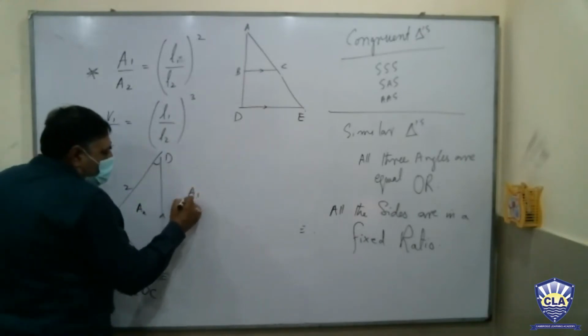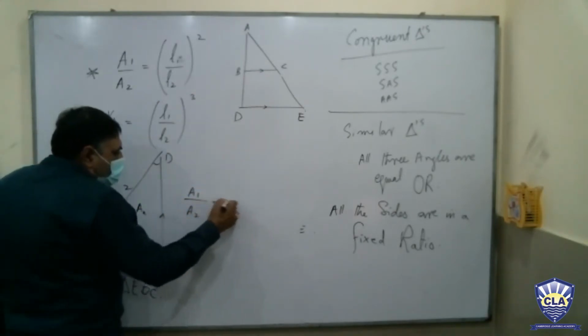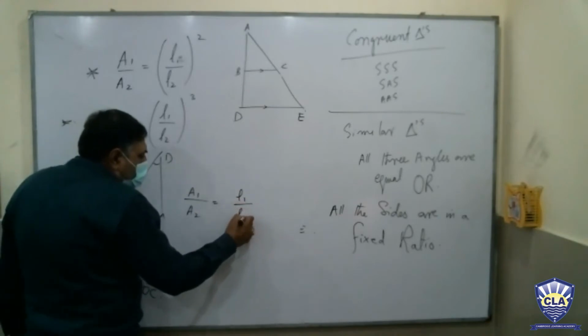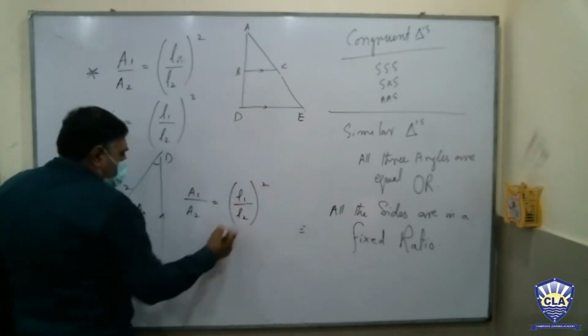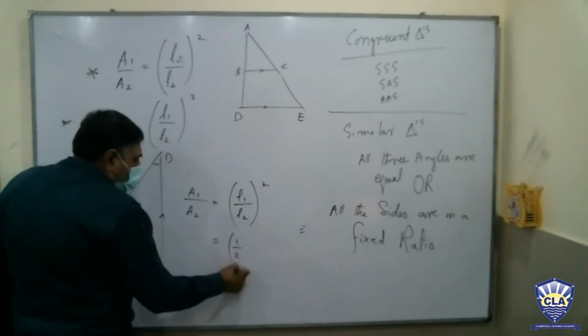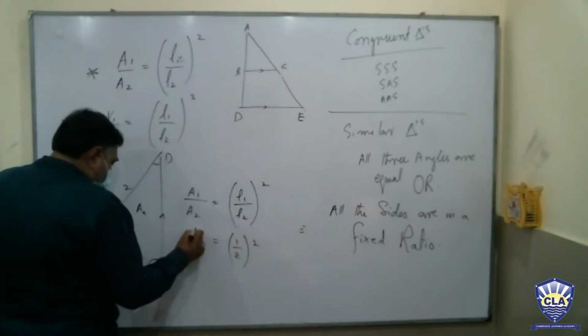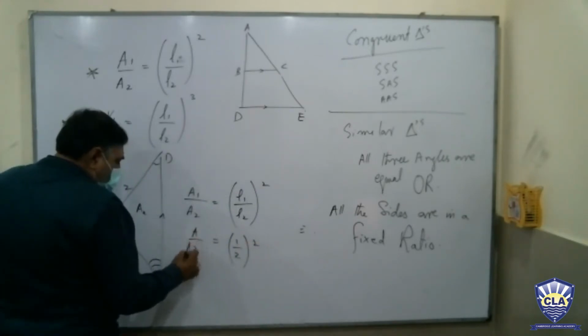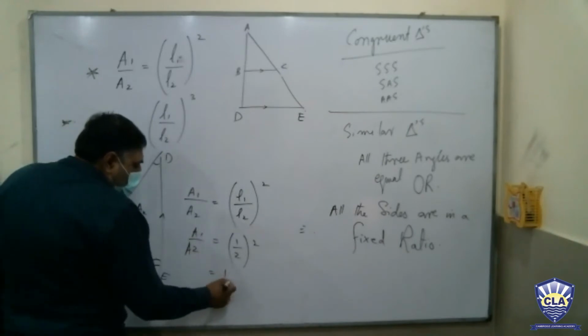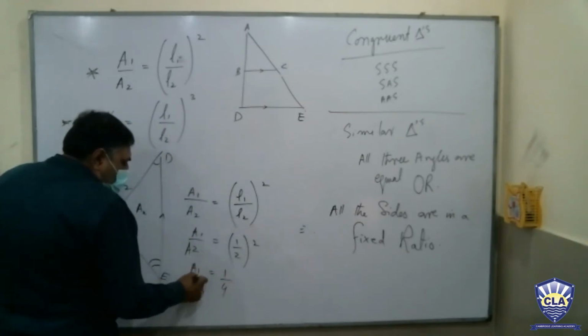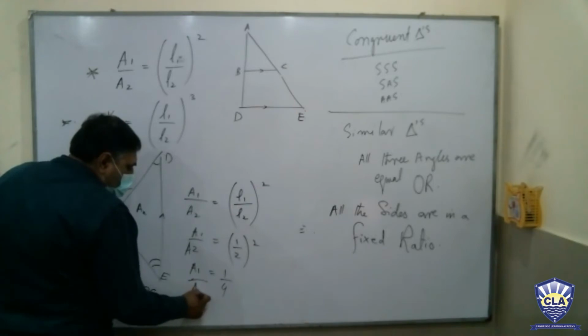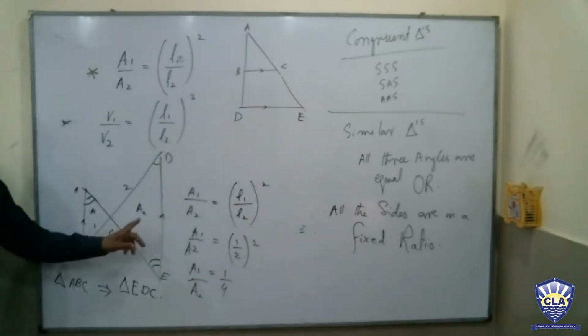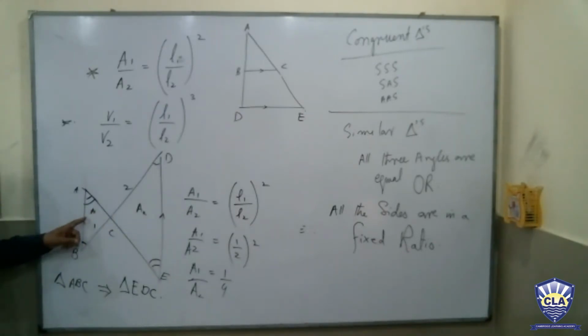So A1 over A2 equals L1 over L2 whole square, which is 1 over 2 squared, so 1 by 4. The area of this triangle is 4 times that triangle. Is that clear now? Yes, sir.